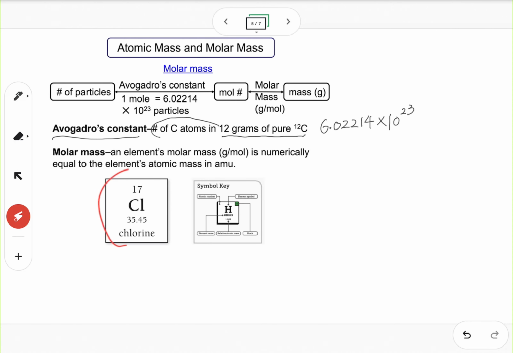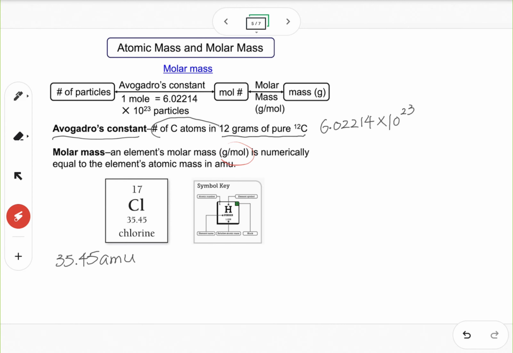Well, this is the atomic mass of chlorine, which we found in the previous slides, 35.45 AMU.